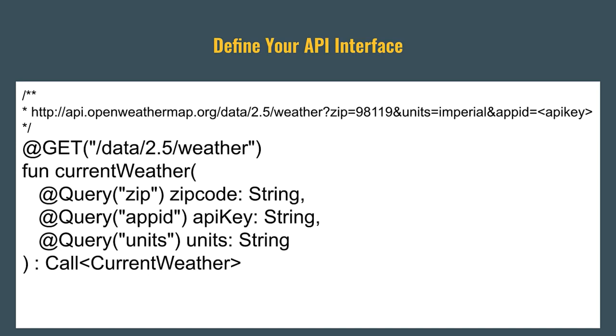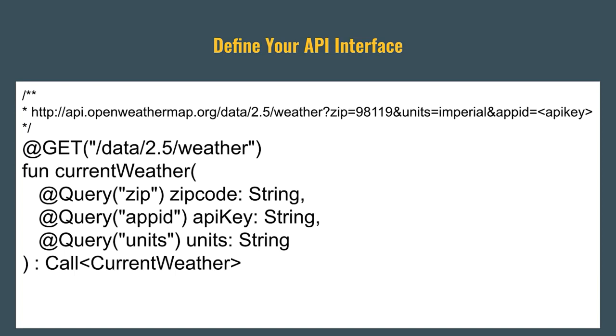Each of the Query param annotations here signifies a different query parameter in the request. All of these query properties here, the zip code, the API key, and the units, will eventually get appended to the path specified in the Get annotation so that it matches the path in the comment at the top of the file here.